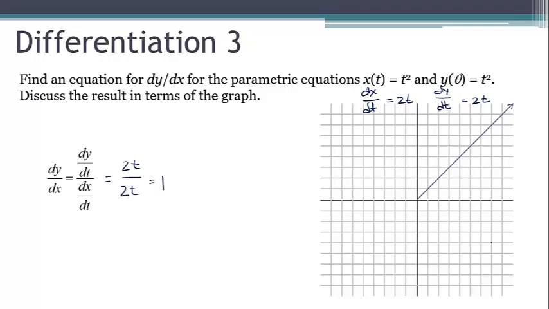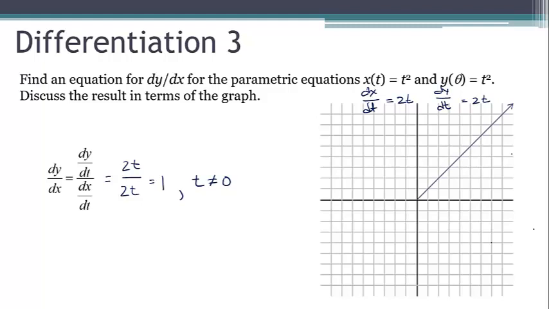Okay, except, remember that our original formula here had a restriction, except where dx/dt equals 0. So that means our formula doesn't apply when t equals 0, or it does apply when t is not equal to 0. And to see what's going on here, it helps to go back to the graph that we looked at in an earlier lecture.